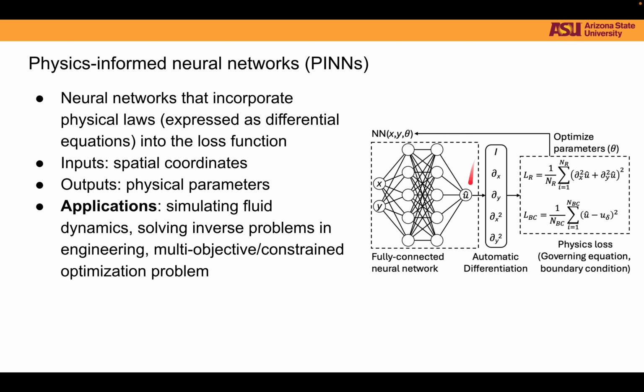And through automatic differentiation, we're able to build these loss functions. Here I've shown on top a simple Laplace equation, and some sort of boundary condition to constrain our outputs to have these physical meanings and satisfy these governing equations with these specific boundary conditions.